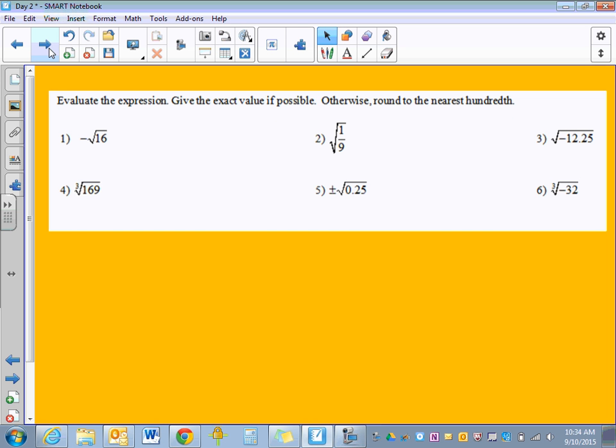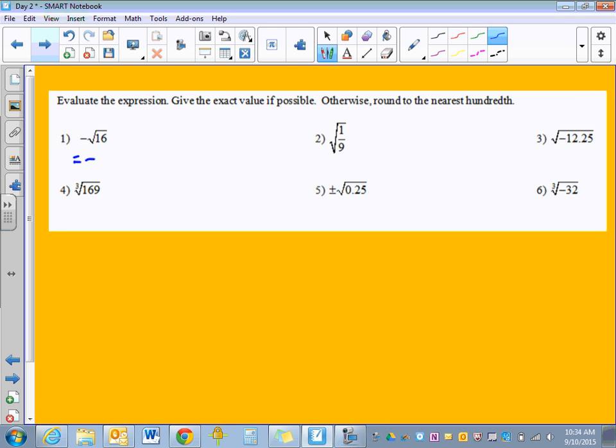All right, so let's take a look at what we have here. It says evaluate the expression, give the exact value if possible, otherwise round to the nearest hundredth. So let's take a look at negative square root of 16. We have this negative in front, and so that means we're going to take the square root of 16, and whatever value that is, we'll take the negative of it. So I know that my answer is going to be a negative number.